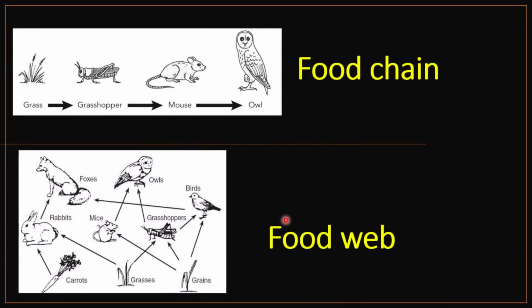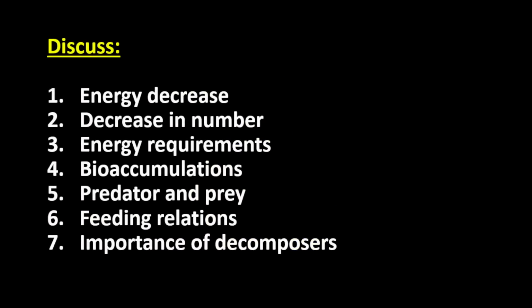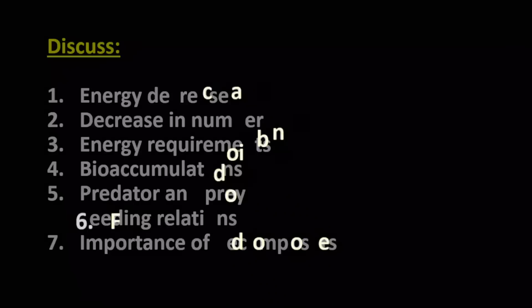All right, so let's start food chain and food web now real quickly, and dive into some specific information about them. Things we're going to discuss right now is energy decrease along the food chain or food web. Just to go back one little second, to point out something here.